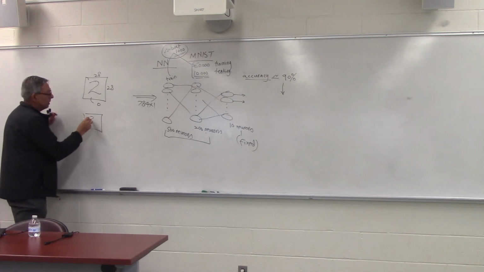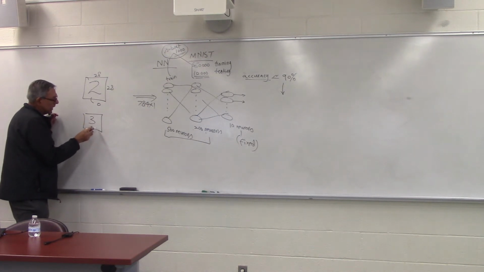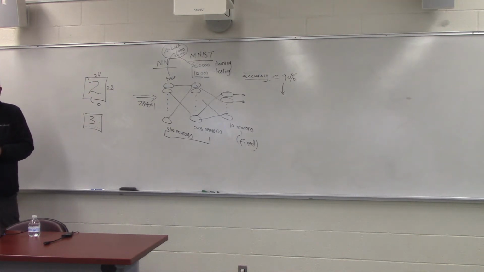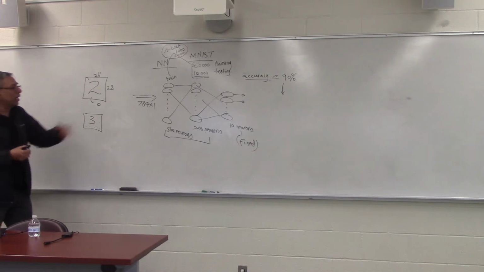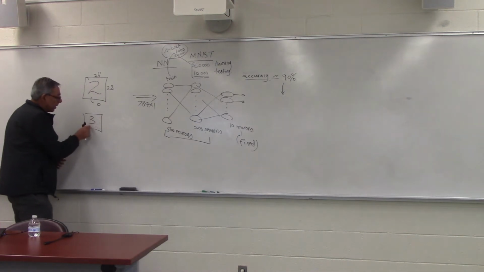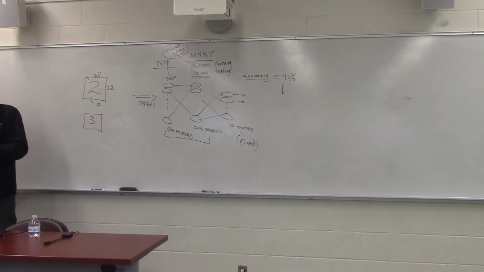Very similarly, if you have a 3, what I'm trying to say is, whatever pixels are over here, do they matter in digit recognition? No, absolutely not. So why are we making it unnecessarily worry about all the background? That's part of the reason for low accuracy.